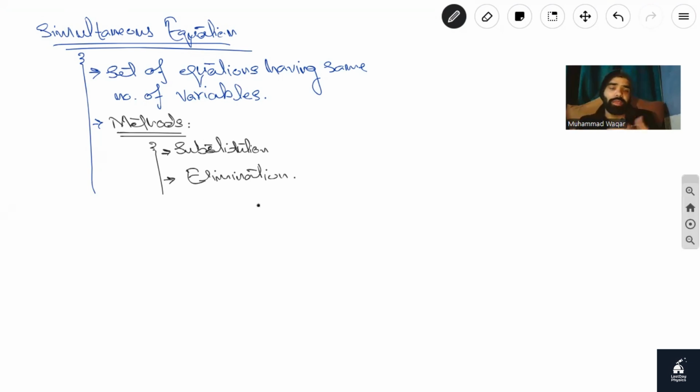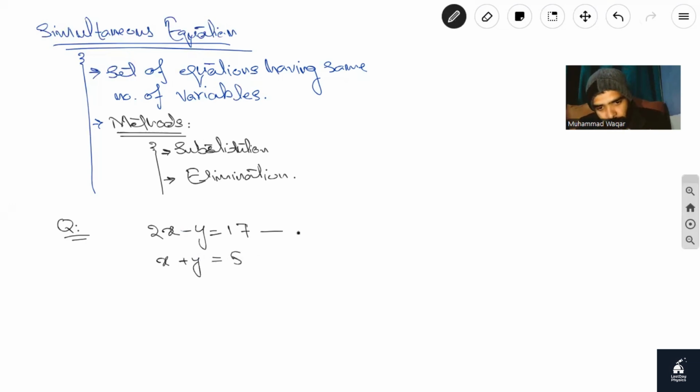Okay, now we will take an example of the equation. As we did discuss, they are a set of equations. At our level, mostly there are two simultaneous equations that we have to solve involving two variables. For example, let's say 2x minus y equals 17 and x plus y equals 5.